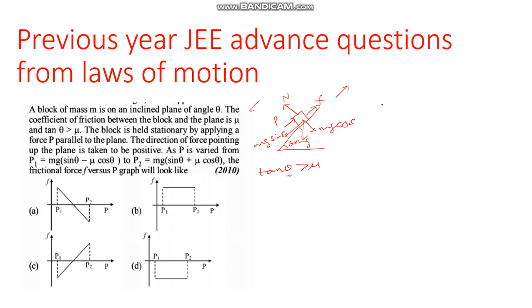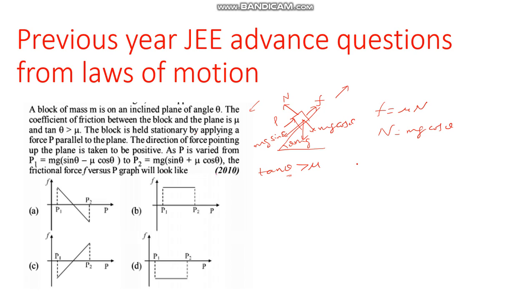And friction, as you know, is basically mu times N. And what is N here? Sigma Fy equal to 0 gives N equal to mg cos theta. So in the first situation, the frictional force is acting up.